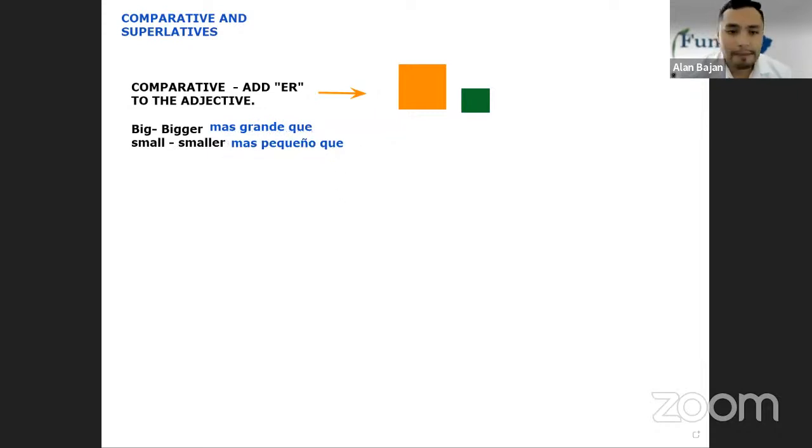They don't say más pequeño. They say smaller. So, observe the two squares, the orange and the green. Try to build a sentence with big and small. Give me one example.